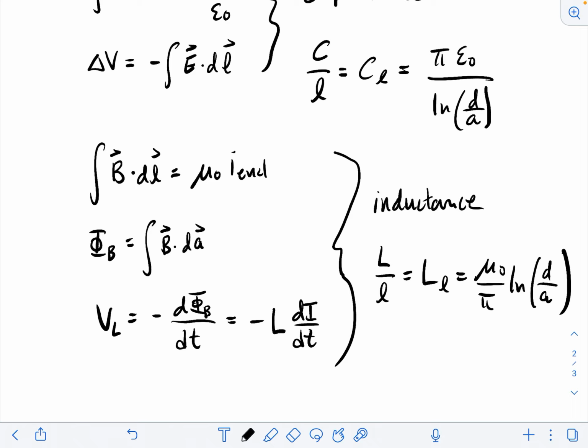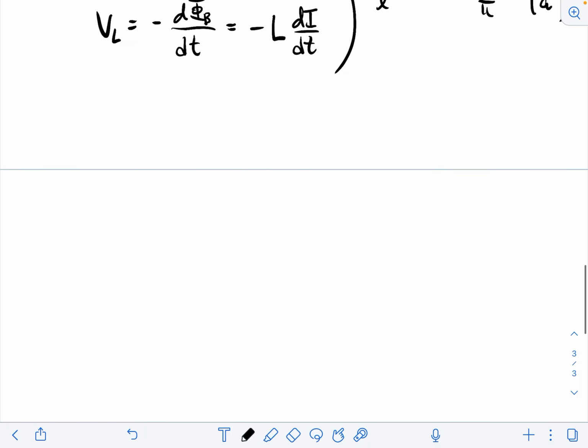So we have these simple parallel wires, we have determined their effective capacitance and inductance, and so we can come up with a circuit model for these parallel wires.